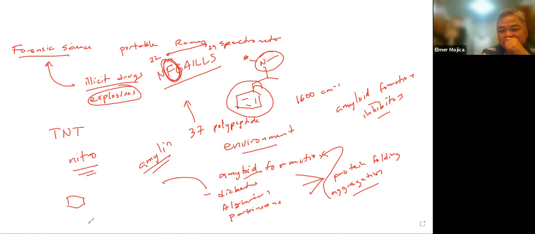So what they do is they change the functional group that is attached to the phenylalanine. So instead of a hydrogen, we look at the different functional group and we found out that there's no amyloid formation that happened. Okay, so that's one way that they try to, what we call, group. And the way that we look at this one is using the IR and the Raman.